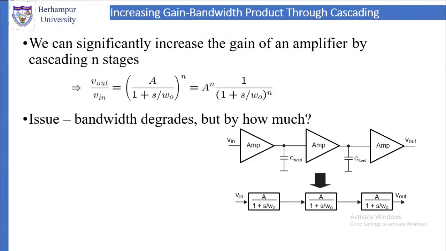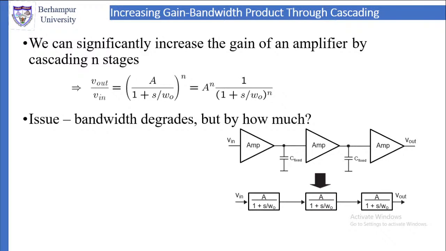Then let us look at how we are going to increase the gain bandwidth product using cascading. So we are seeing 3 amplifiers connected in cascade. Amplifier 1 is connected to amplifier 2 through cascading, and between them there is a C fixed.